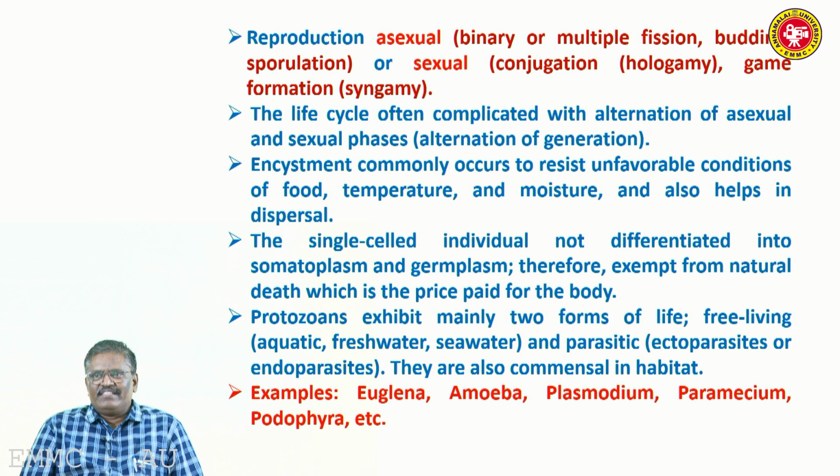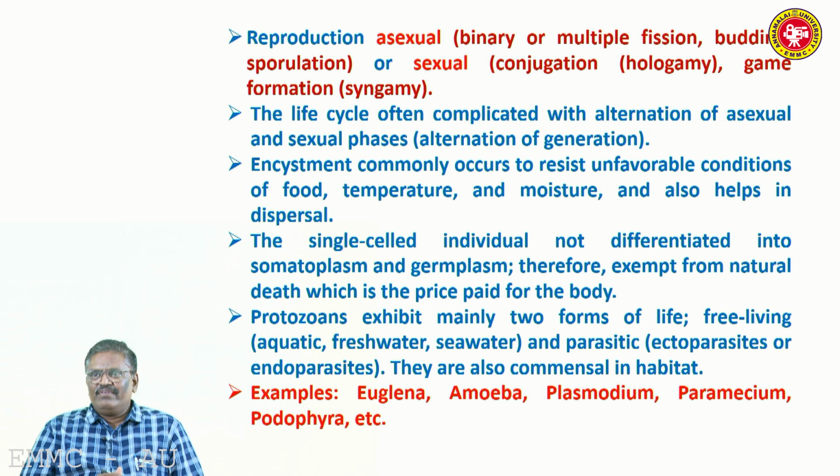Next, reproduction is of sexual and asexual types. Asexual reproduction includes binary fission, multiple fission, budding and sporulation. Sexual reproduction is by conjugation, allogamy and syngamy, that is gamete formation.